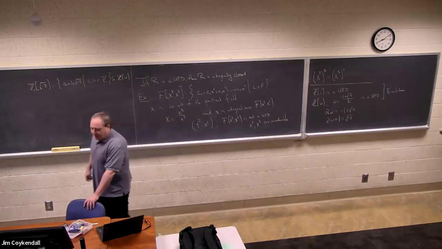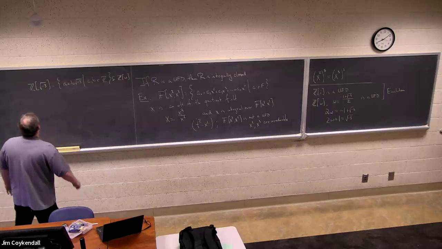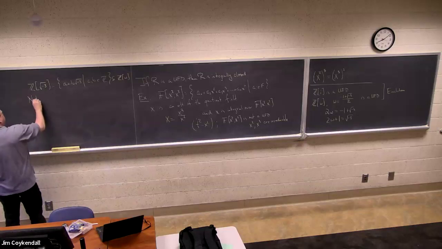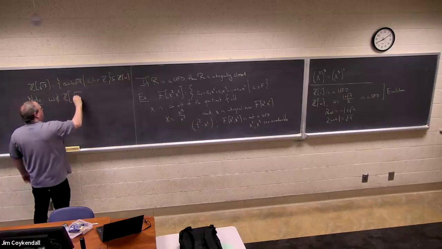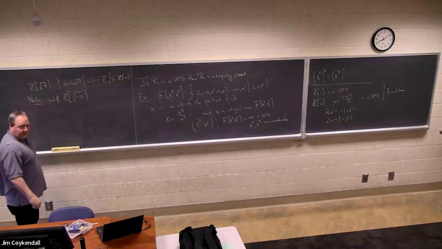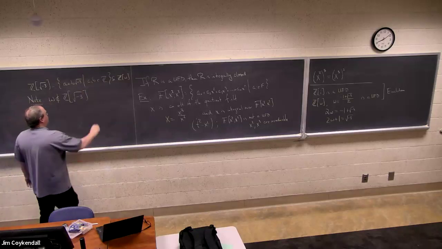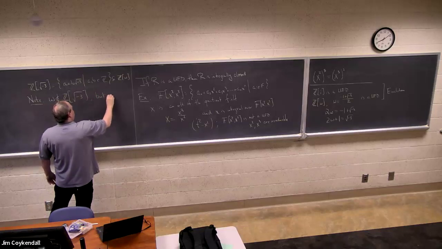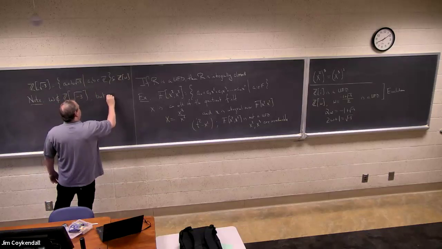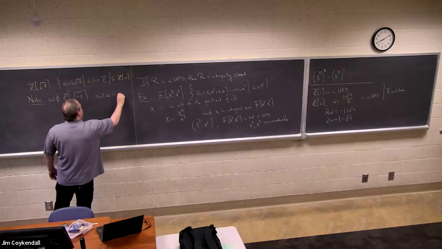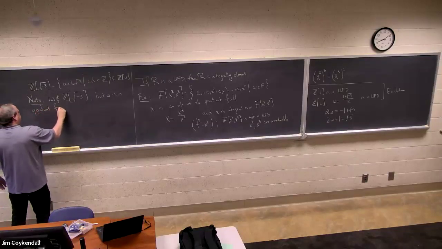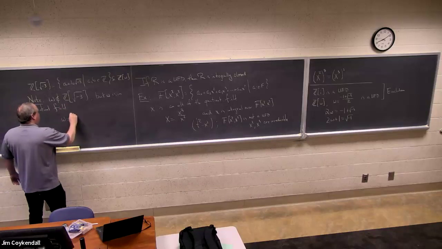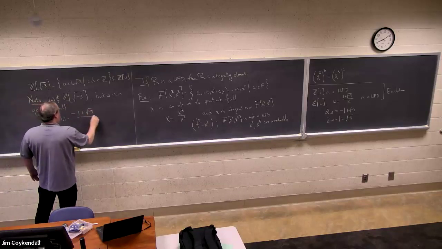So notice that, observe this, but because omega is -1 plus radical -3 over 2.